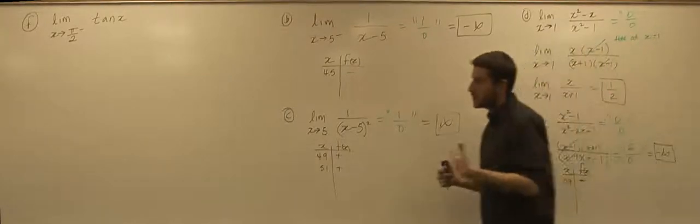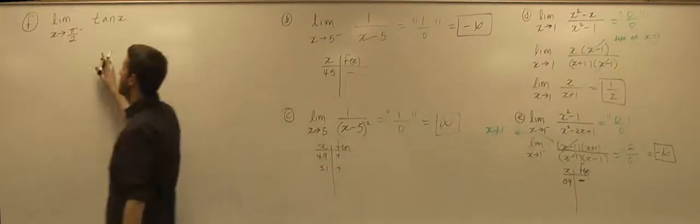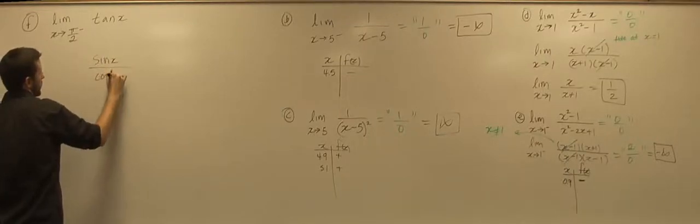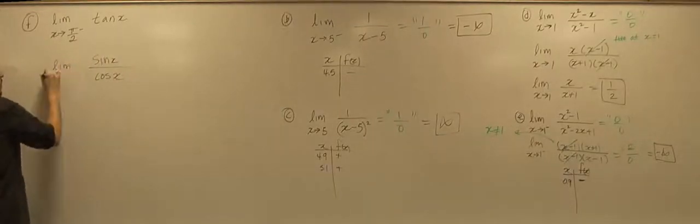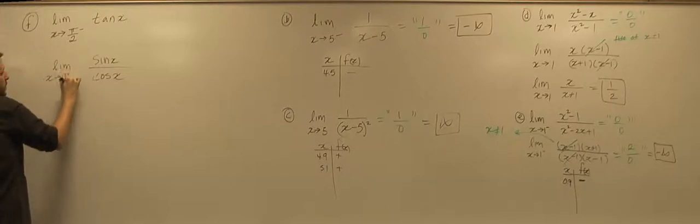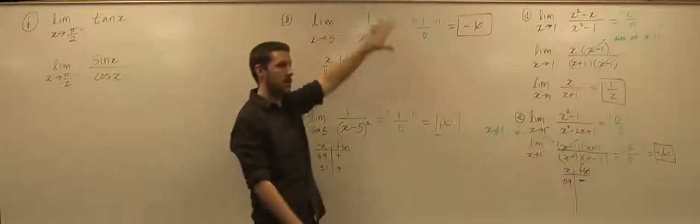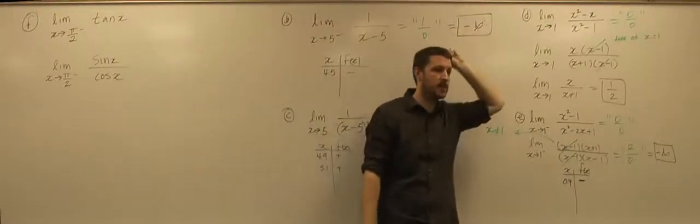One way to think about this is to remember that tangent x is sine x over cosine x. Limit that way. Then it mirrors this format here. And you can plug something in and see what you get.